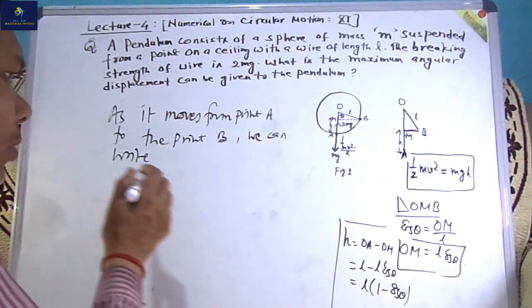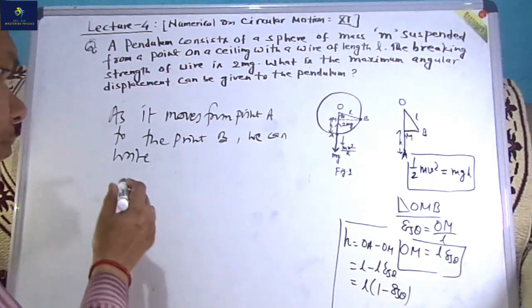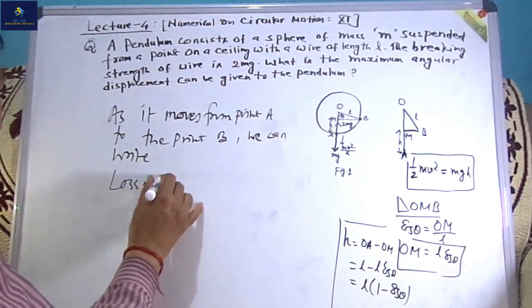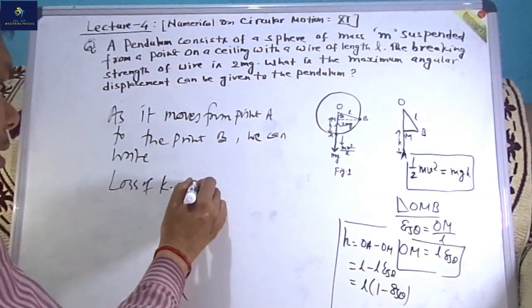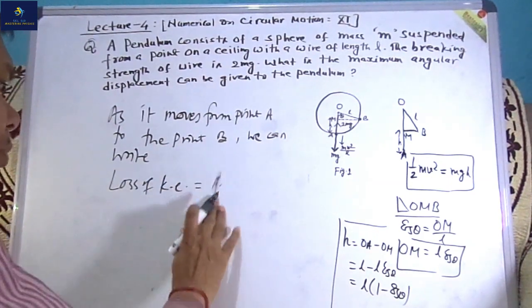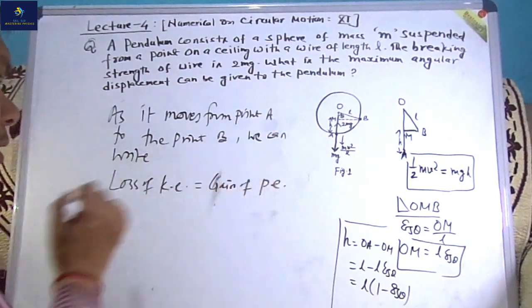Okay, loss of kinetic energy is equal to gain of potential energy. Loss of K is equal to gain of PE. We can write gain of potential energy.